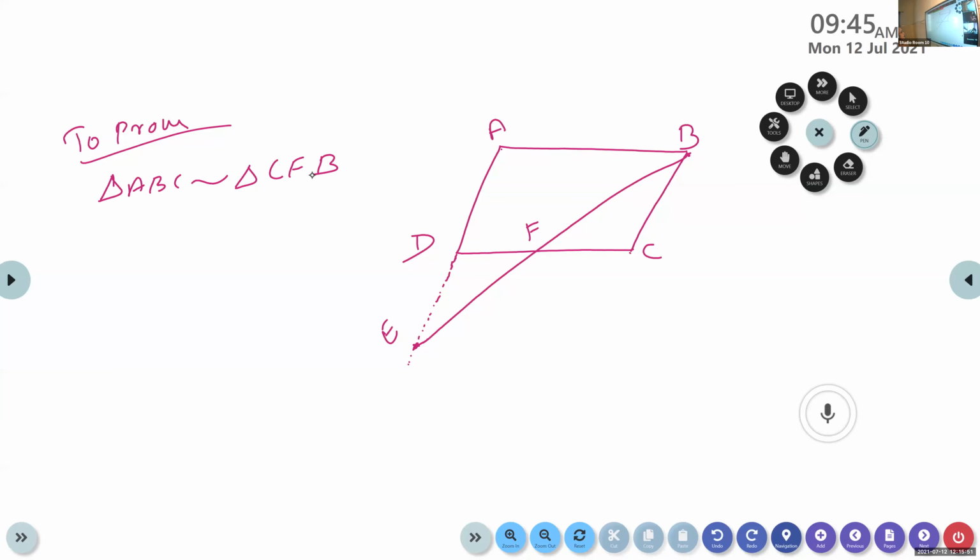Triangle ABE similar to triangle CFB. You will easily get criteria. Try.